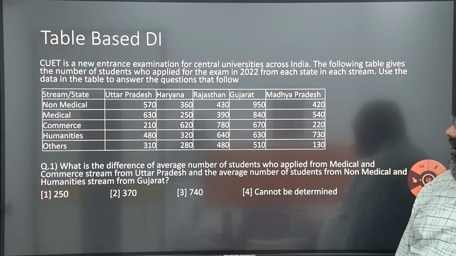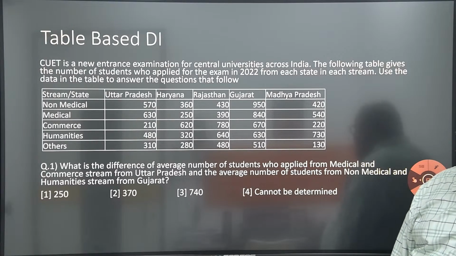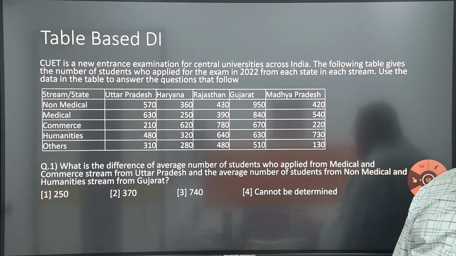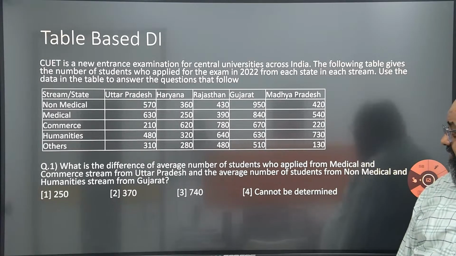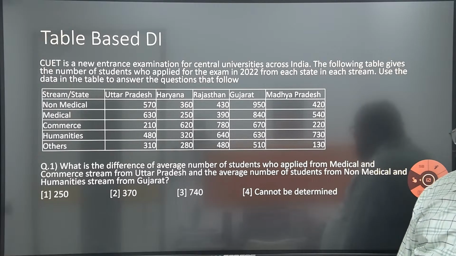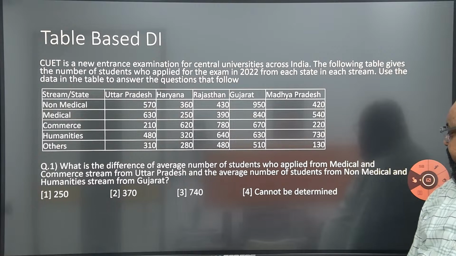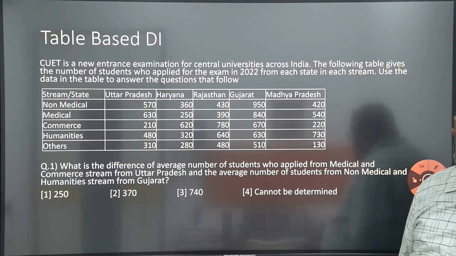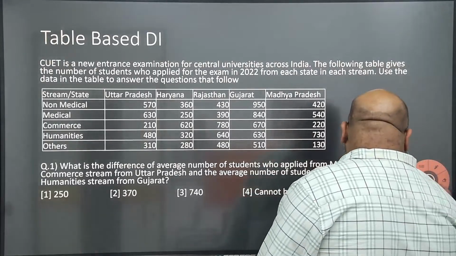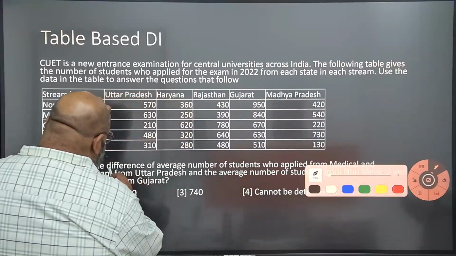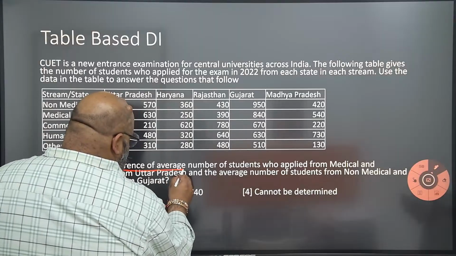Use the data table to answer the questions that follow. The first question says, what is the difference of the average number of students who applied from medical and commerce from Uttar Pradesh and the average number of students from non-medical and humanities from Gujarat? So first of all, difference of averages.